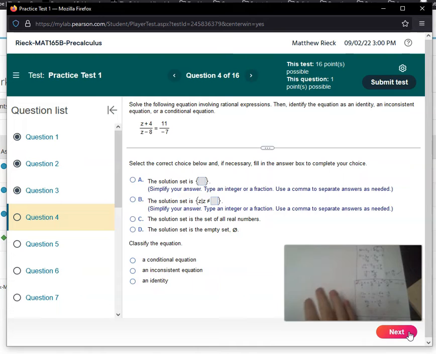All right, so the next one here, we have z plus 4 divided by z minus 8 equals 11 divided by negative 7.